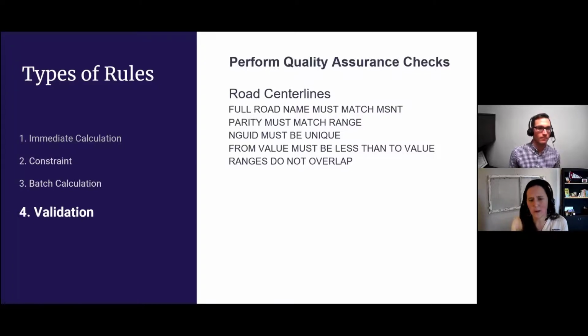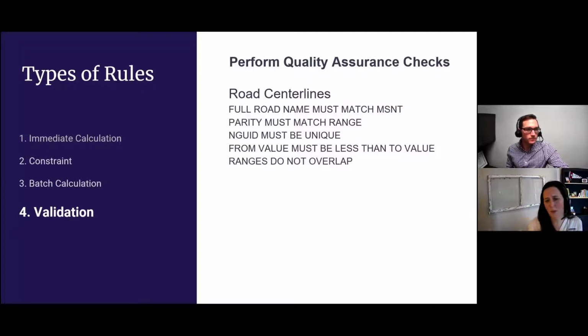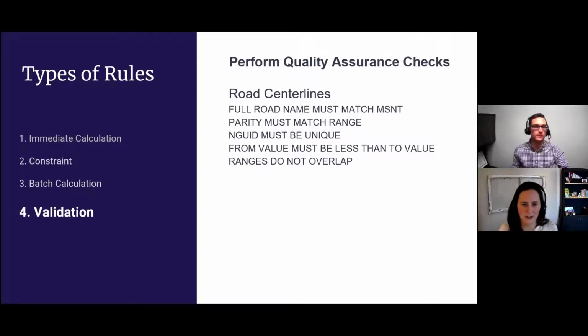And we'll talk a little bit more about this, but it will trigger an error if you've got odd numbers and then you say your parity is even. One that we added was that global ID must be unique. Obviously, we have the calculation rule that will make sure that it's unique, but if for some reason we got off by one, then this will alert us to whether or not we need to update one of those.